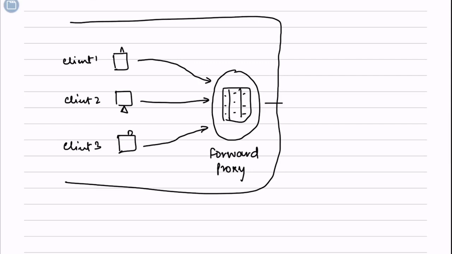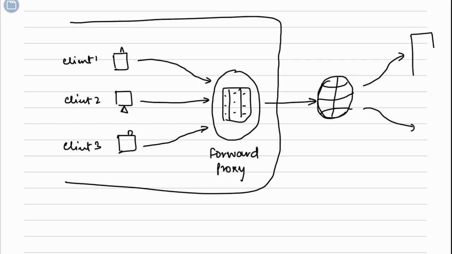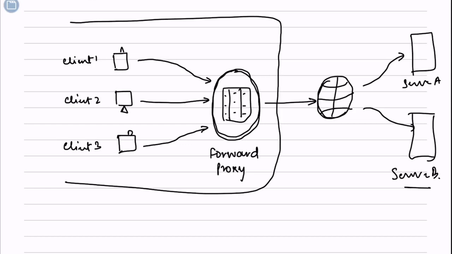This forward proxy will send the request to the internet and then forward the response back. This intermediary server here will be called a forward proxy.